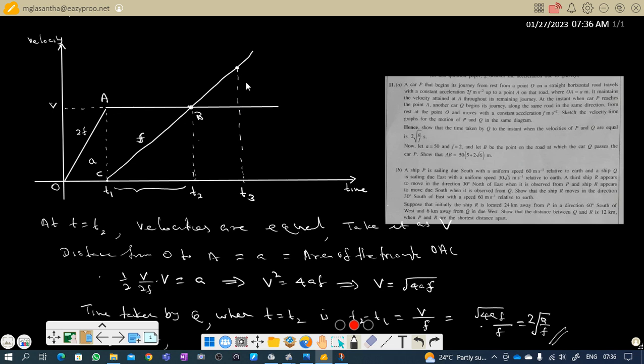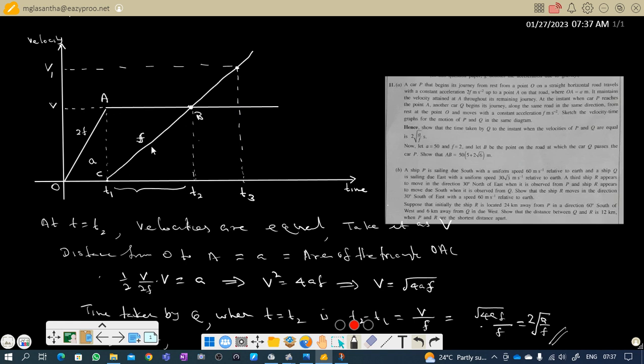Because they are both at the same level. So let's take this velocity as v1. You can calculate v1 by equating the distances traveled by both cars, right?